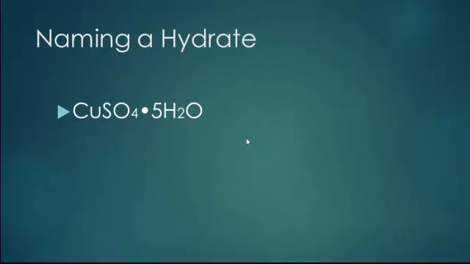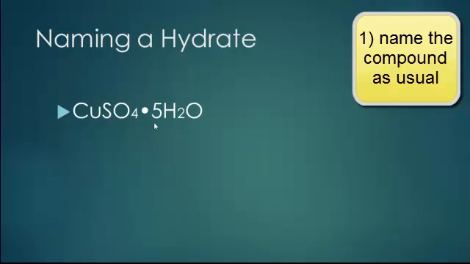So when you're naming a hydrate, you're going to start out with the name of the formula, and then you're going to do the water later. So first, let's name this. So CuSO4, well, Cu is copper, and SO4 is sulfate.